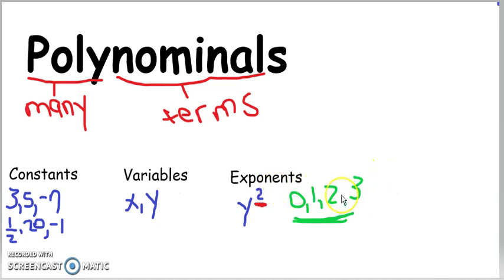And what's most important? The exponents used in polynomials are only 0, 1, 2, and 3. So I'm going to give you a quick example of a polynomial, and we are going to identify the constant, the variables, and the exponent.